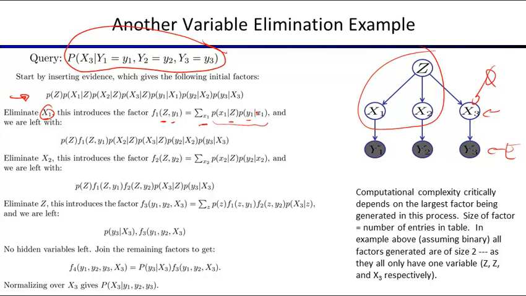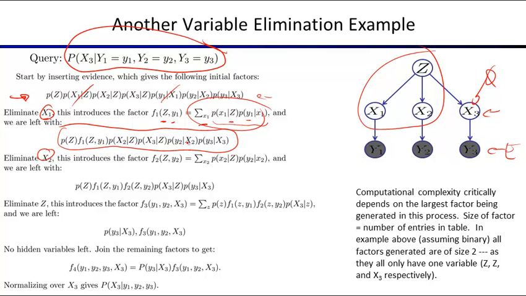That means factors with x1 are gone, and so we're left with this new one and the ones up here that are not crossed out. This is our current status. Two hidden variables left, x2 and z. We pick x2 next. Okay, let's eliminate x2. What does that mean? We introduce a new factor, which is the sum over x2 of the product of all factors that have x2 in it.